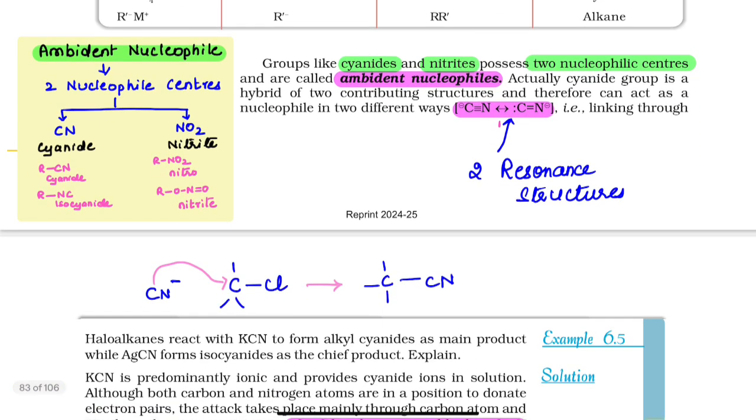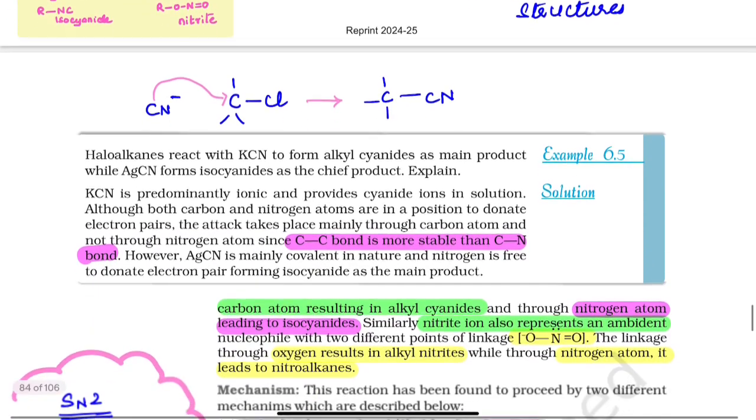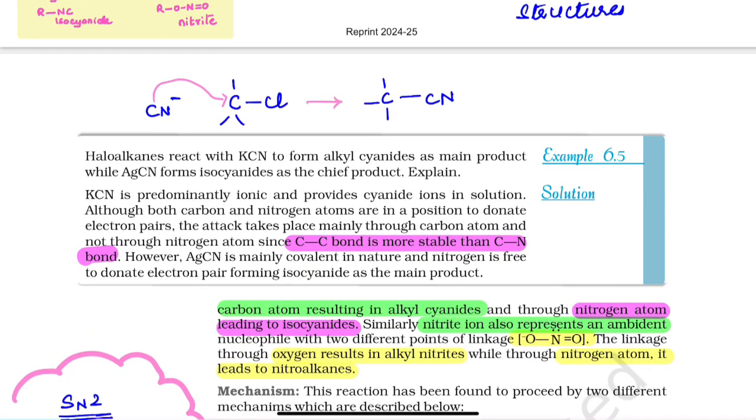So here you can see cyanides and nitrites possess two nucleophilic centers and are called as ambident nucleophile. Cyanide group is a hybrid of two contributing structures, that is two resonance structures are present. So you can see this is one resonance structure and this is another resonance structure.